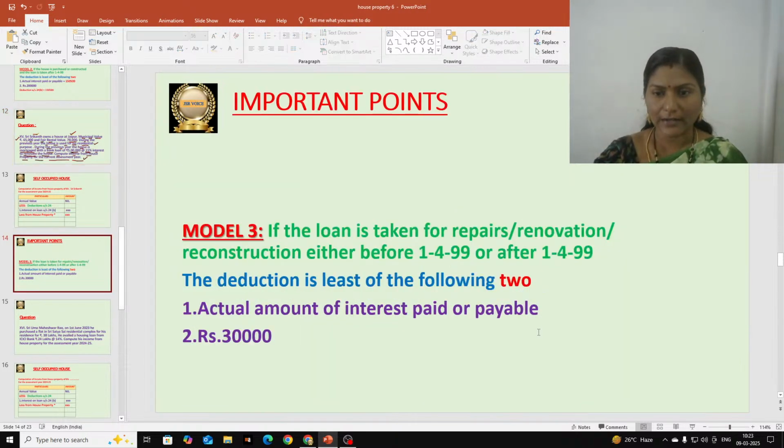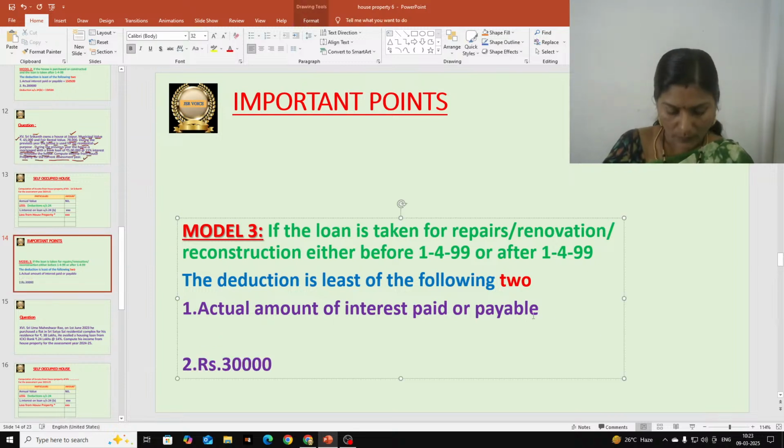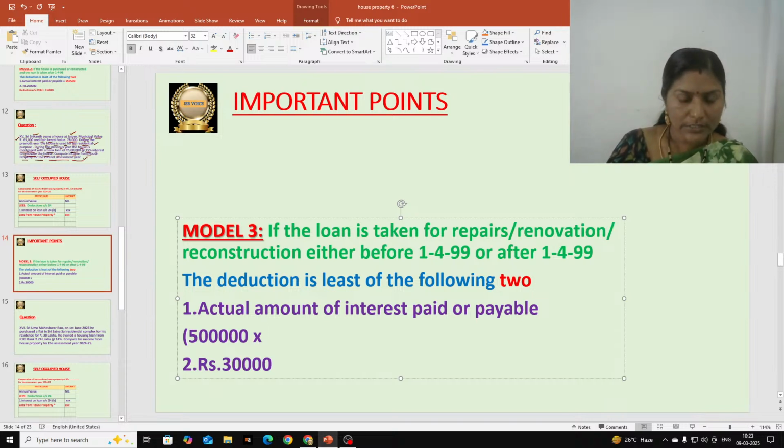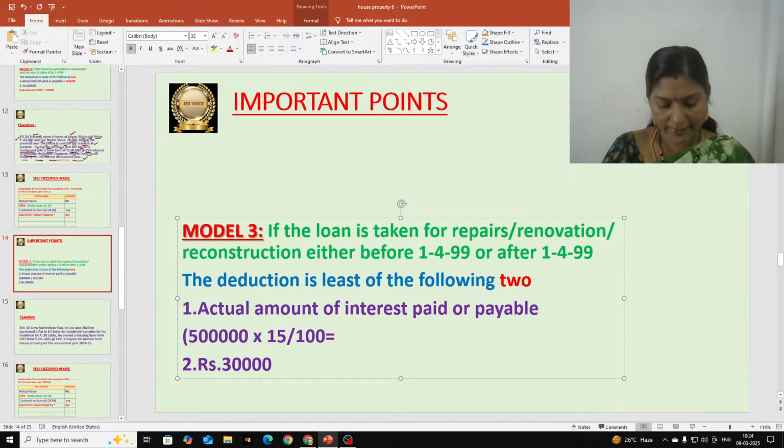Let us calculate that. 5 lakhs into 15 by 100, you will get 75,000.